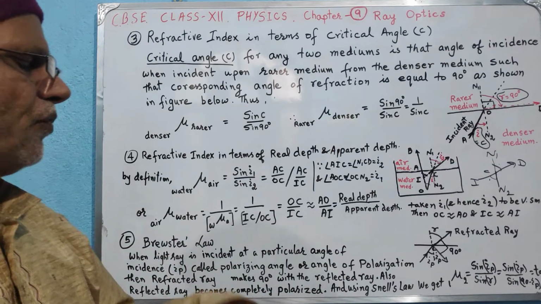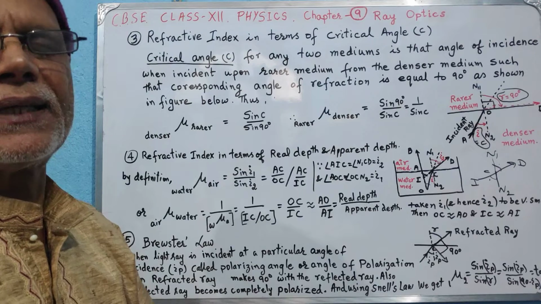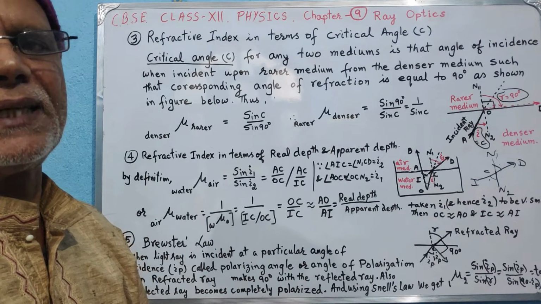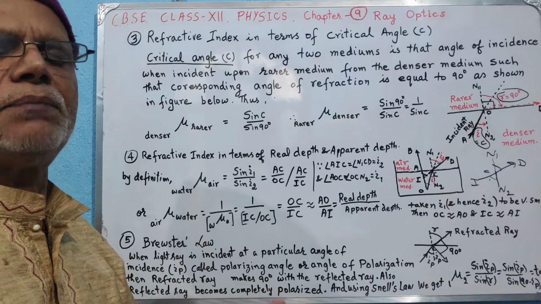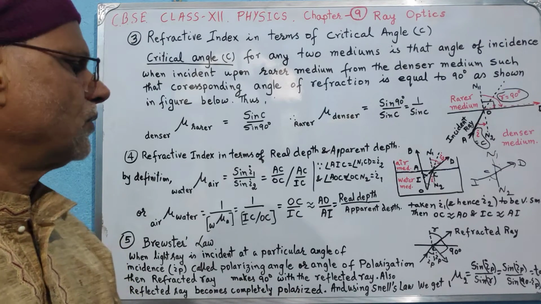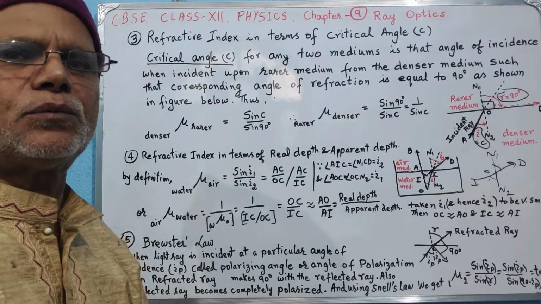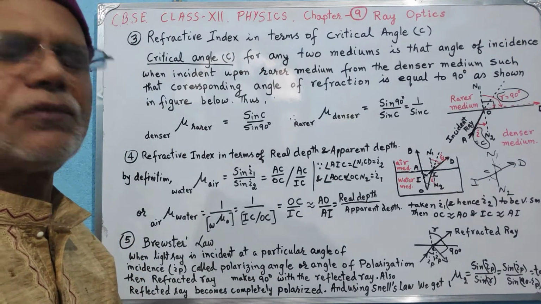But when the light ray has a vibration restricted to one particular plane, then we call it plane polarized light. It means vibration is only taking place in a given plane. So that is polarization. We shall be discussing it in detail in the coming chapter once again.